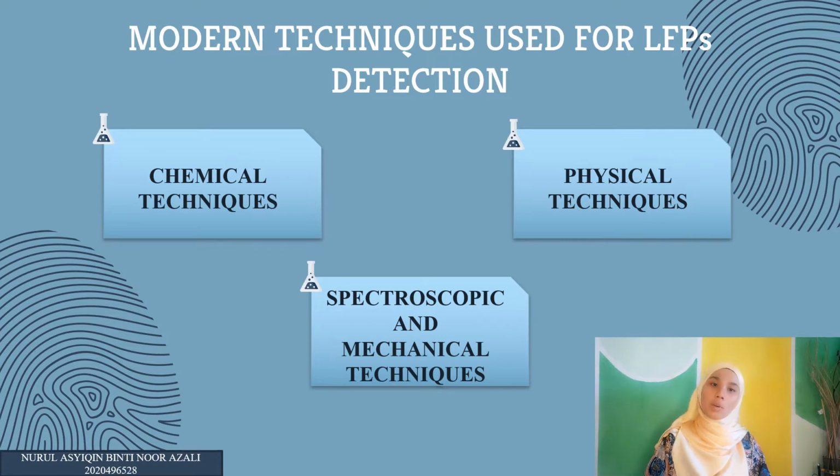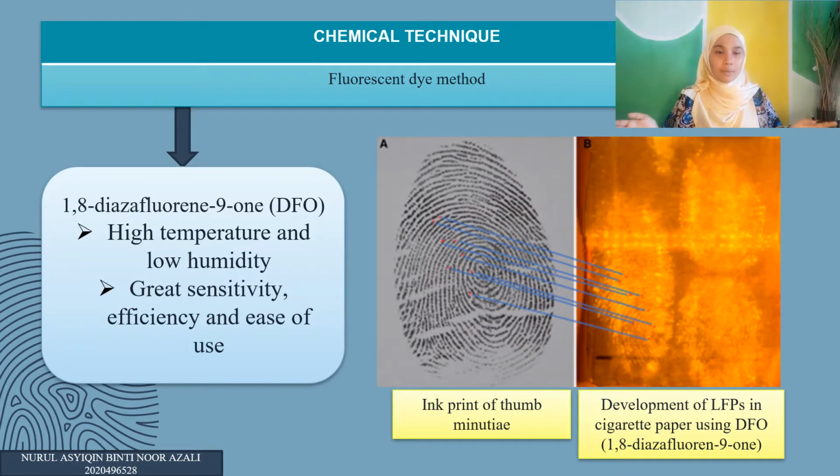Thus, there are many modern detection techniques for latent fingerprints, such as chemical, physical, and spectroscopic or mechanical techniques. Chemical techniques produce latent fingerprints by turning components of sweat into colored derivatives.